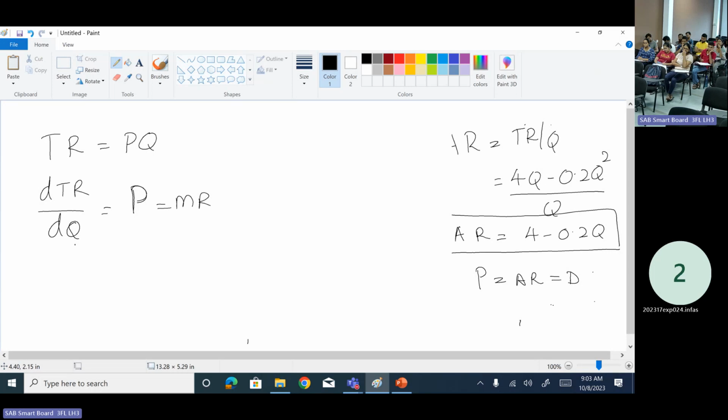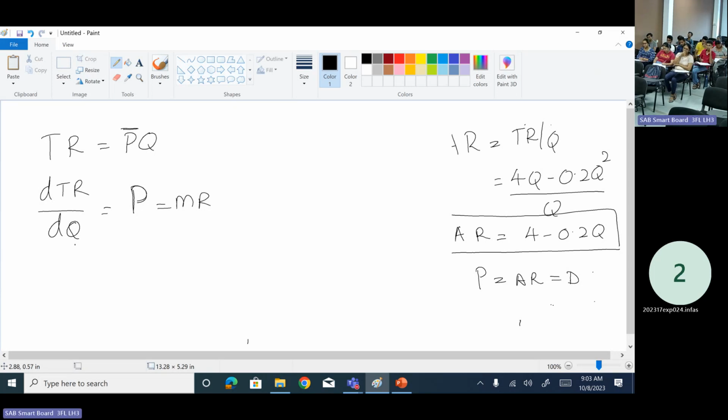And if you calculate the marginal revenue using some equation, you can see it equals the price, because here price is constant. Price is constant. That's why all the time this marginal revenue is constant, and average revenue is also constant.